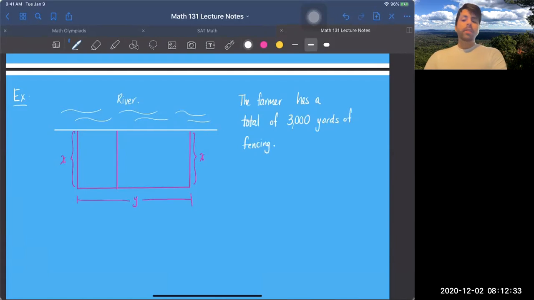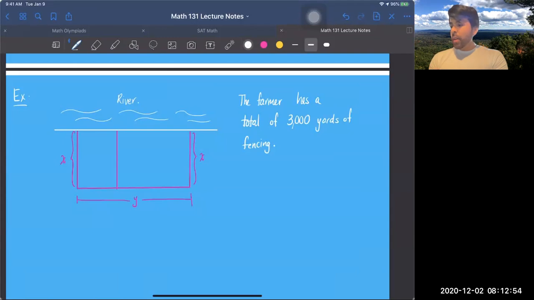So he has 3,000 yards of fencing, and he wants to create a rectangle that encloses a rectangular piece of land in this manner. Now the question is, he wants to, of course, maximize that area given this condition that he has.